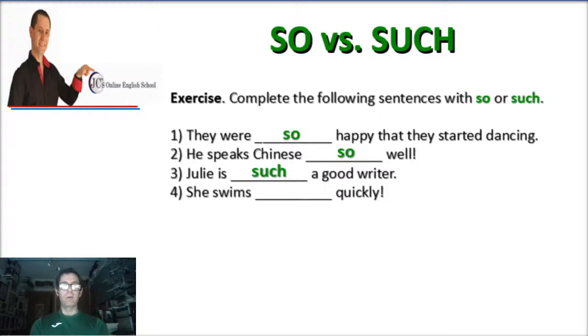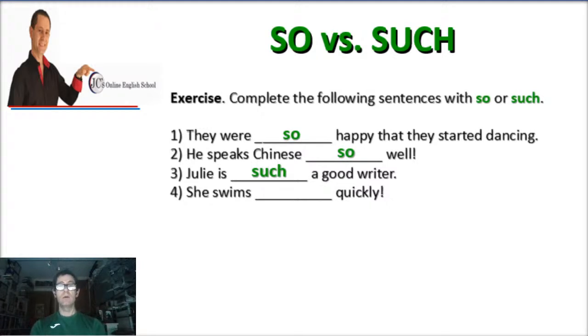Number 4, she swims quickly. They are still talking about Julie. Not only is Julie a good writer, she also swims quickly. So what is the word before the adverb quickly?